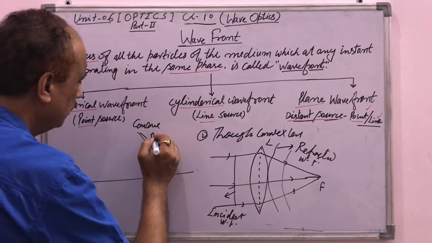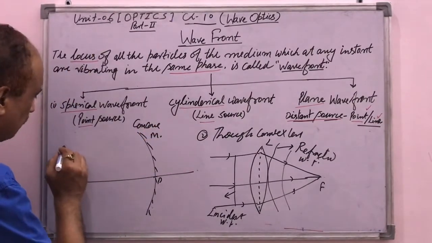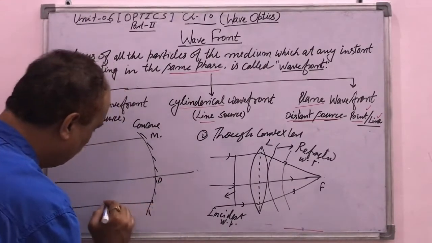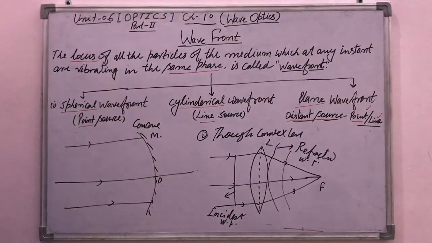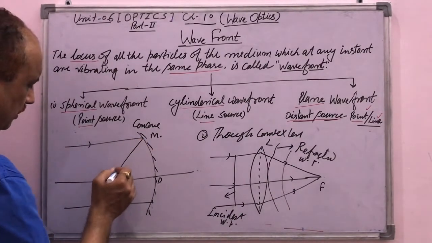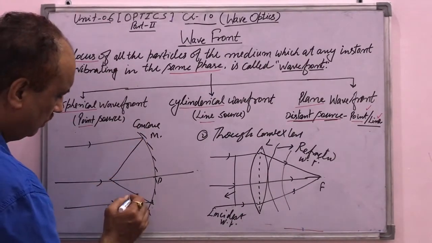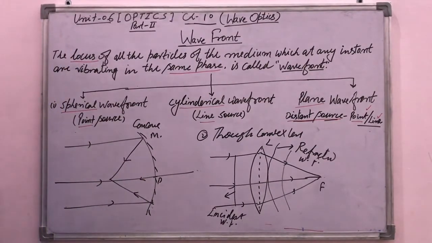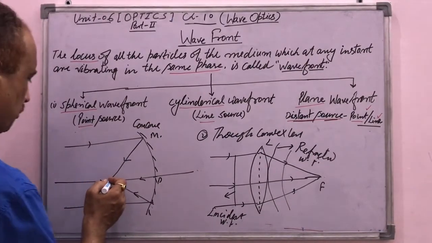When rays parallel to each other are incident on the concave mirror, we know that they will be converged at a focal point like this. In that condition, again we have to draw the wavefront, and the wavefront is toward this point.